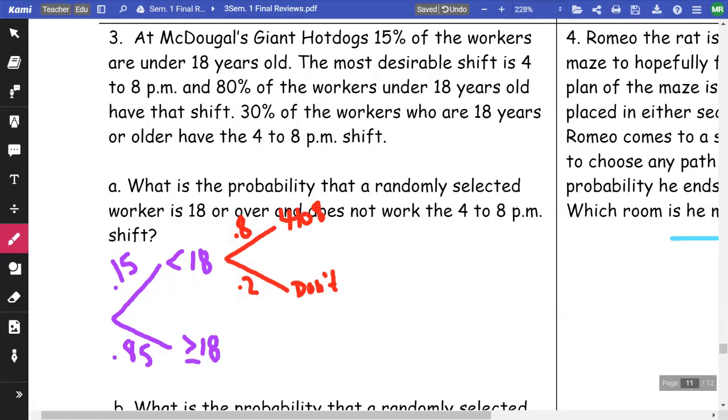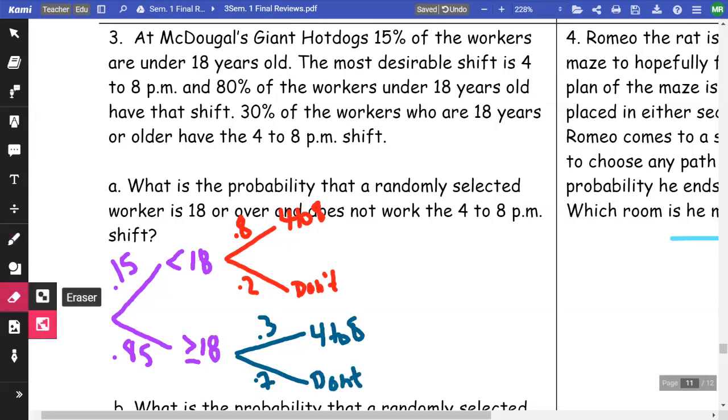And then over here, for people who are 18 and older, 30% of them have the 4 to 8 shift, which means 70% don't.